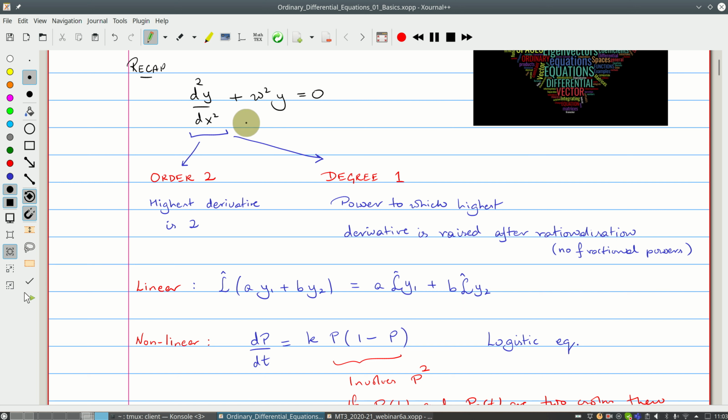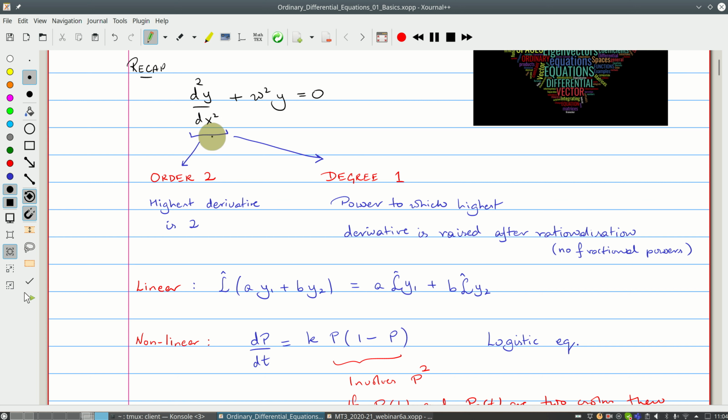Now there are a couple of properties of these ODEs which we use to classify them. The first is the order. For this particular ODE, the order is 2, and the order is the highest derivative in the equation. In this case, it's the second derivative.